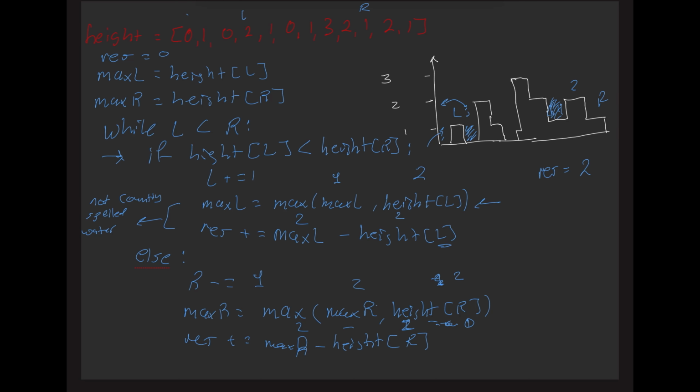Sorry, I'm scribbling, but we're not accounting because again we have a noticeable shift in here, and water will spill out, and the walls are not holding water anymore at this point. So we are here at this point, and I'm going to update that. Again, left and right pointer are equal, so the same thing is going to happen, but here our max is going to update to 3. So right now our max R is 3.